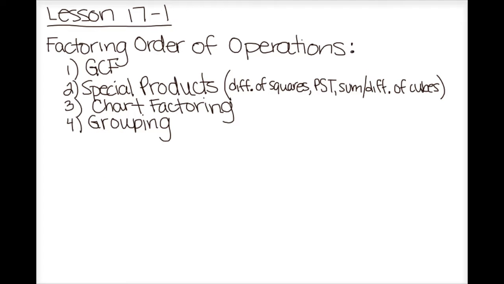So the two things that we're adding in new for this section are sum and difference of cubes, which is completely new. You have not learned how to do those. Grouping, I'm kind of going to say is new. We've talked about how to factor by grouping, but you haven't had to factor by grouping, which you will have to in this lesson. So we will review that as well.